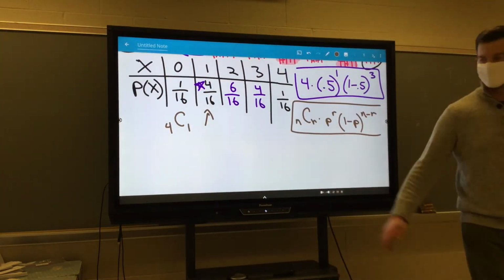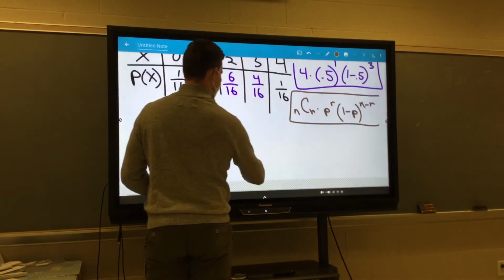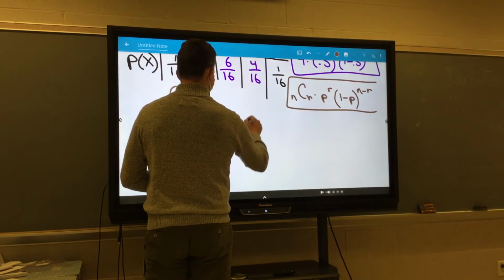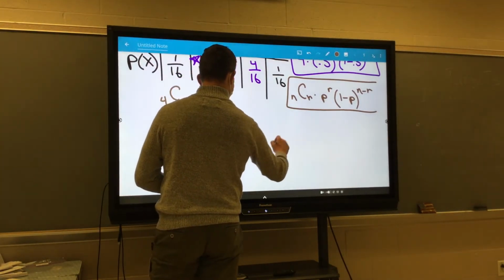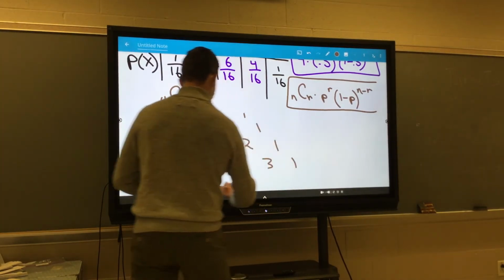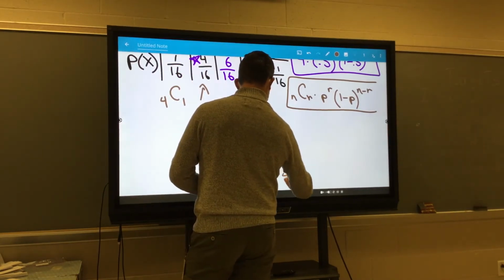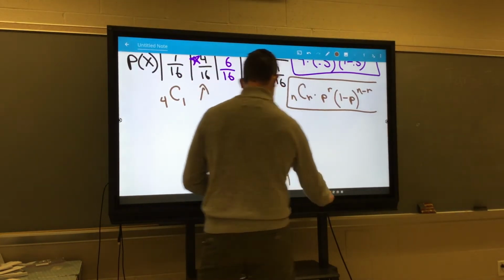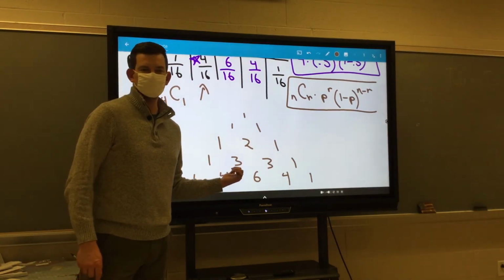You could also find that combination with something that you looked at in Algebra 2. Do you remember seeing this before? Maybe it was Mr. Bennett, maybe it was Mrs. Hughes. Do you remember what this is?